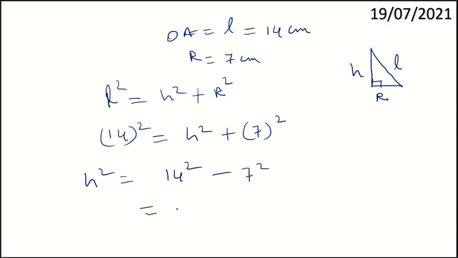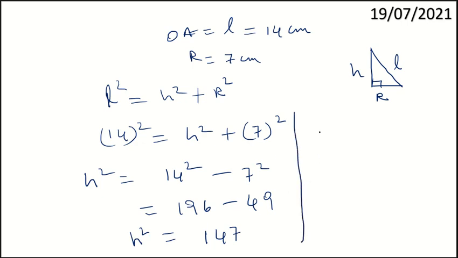The value of 14 square is 196, minus 7 square which is 49, and when you find the difference it is 147. So, H square is 147. Now, H value is root under 147.